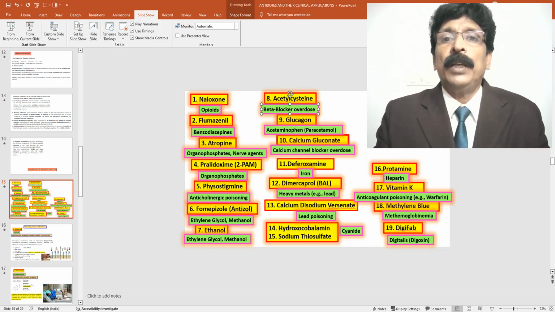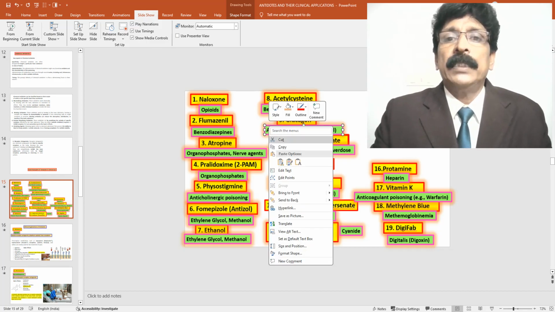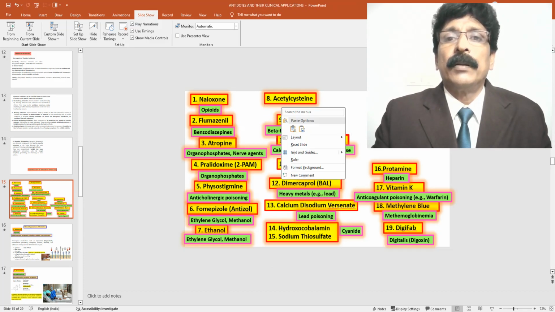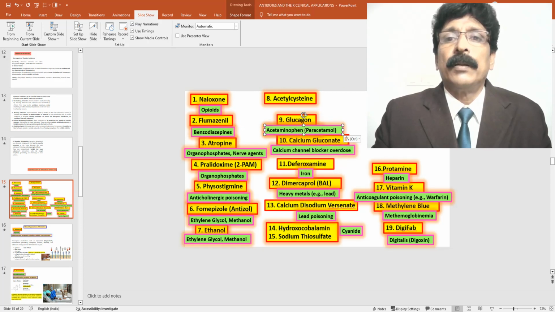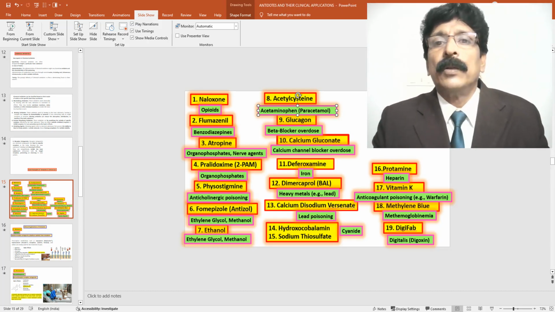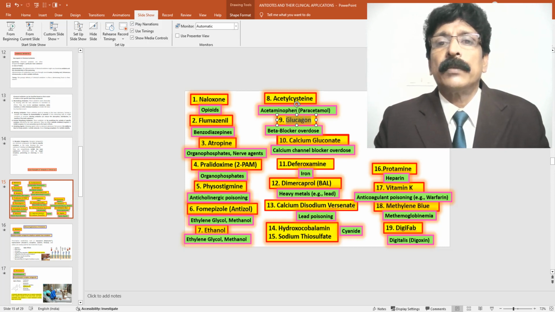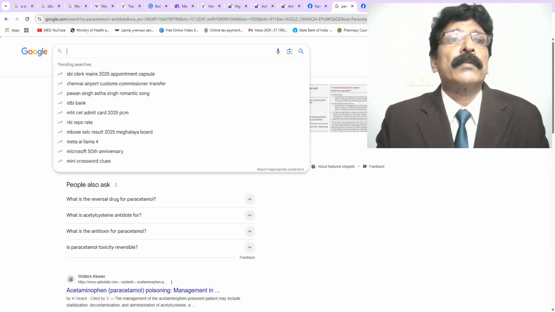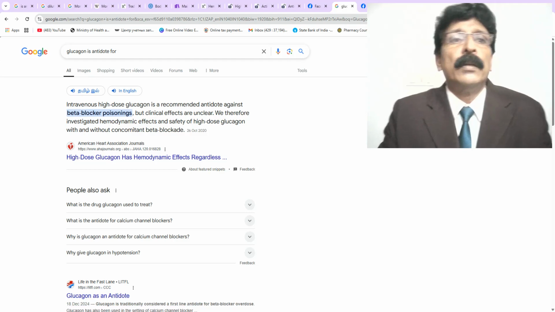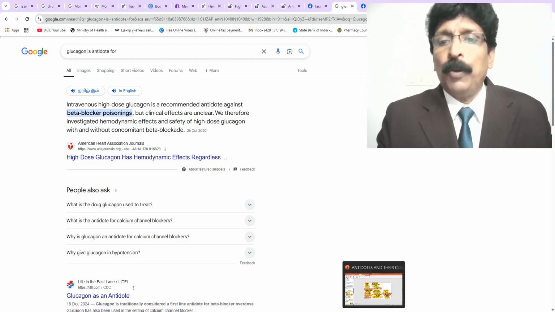So this one I am just making it here, and this should be here. Understand? And also glucagon is for beta blocker poisoning.